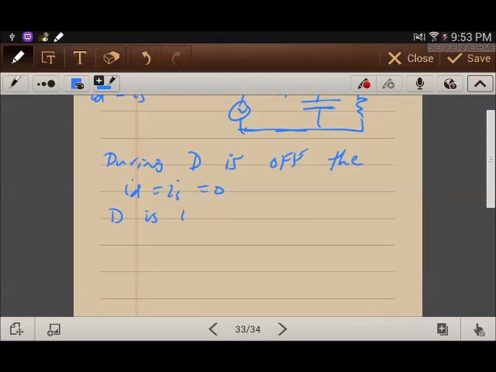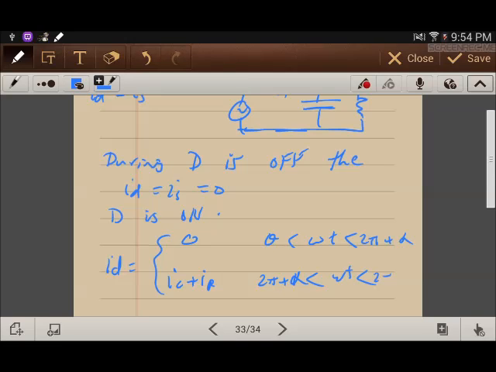When D is on, then ID is equal to 0 when omega t is greater than theta and less than 2 pi plus alpha, and equal to IC plus IR when omega t is greater than 2 pi plus alpha and less than 2 pi plus theta.